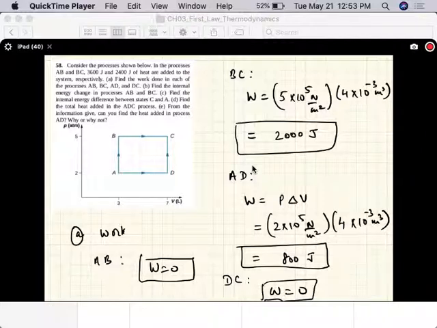Okay, find the internal energy change in processes AB and BC.